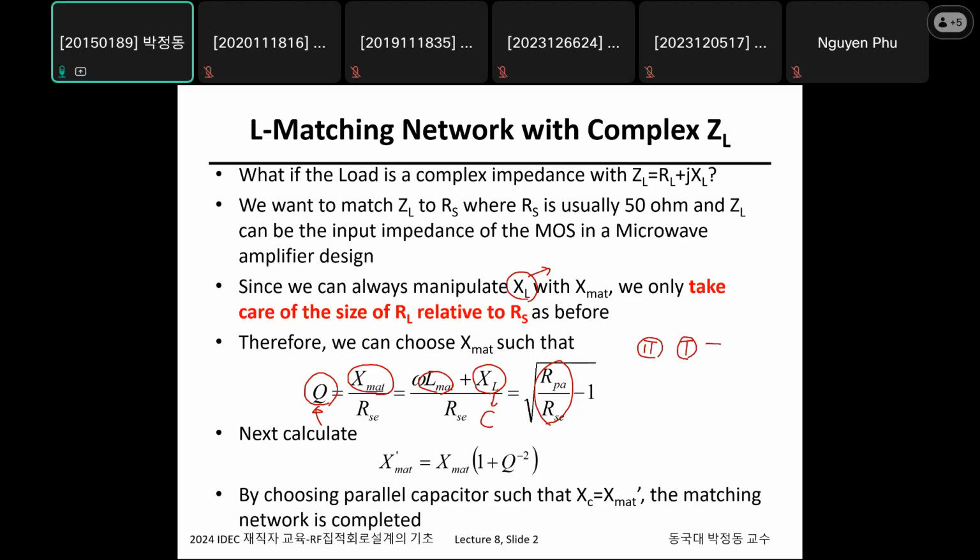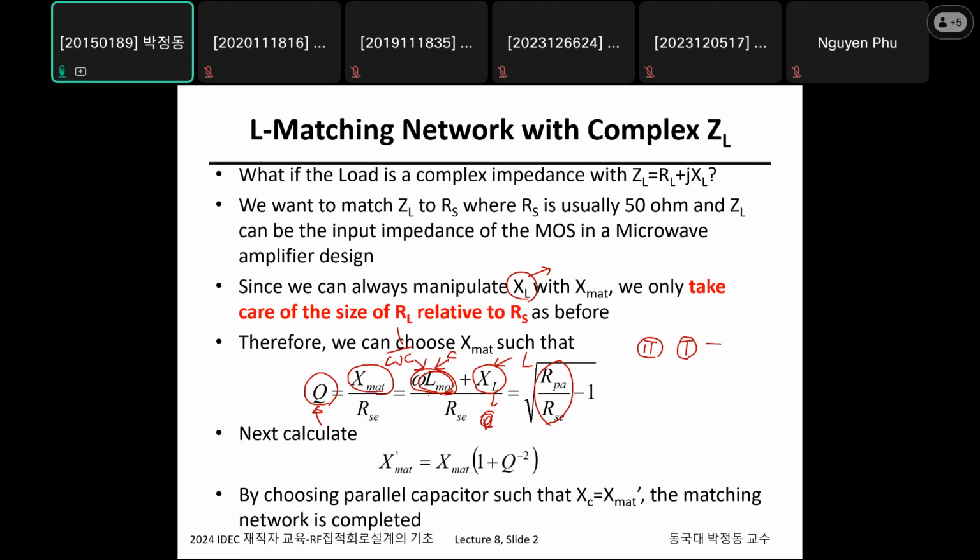XL. So we just set XL as a part of the total matching network. Then you just add this inductance or maybe capacitance, depending on this one. If this is capacitive, then we may just add a capacitor. If this is inductive, then you do better to add a capacitive term, like omega C, right?